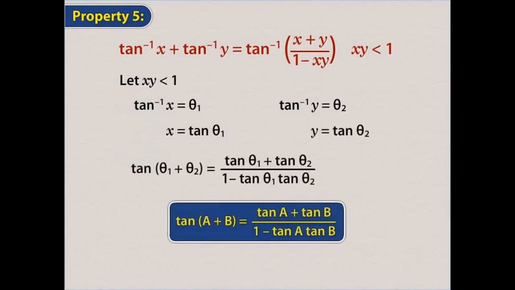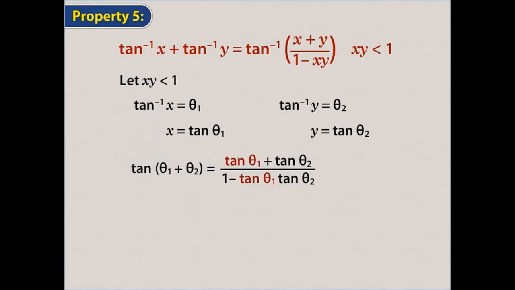Tan of theta 1 plus theta 2 within brackets equals tan theta 1 plus tan theta 2 in the numerator and 1 minus tan theta 1 and tan theta 2 in the denominator. Replacing tan theta 1 by x and tan theta 2 by y, we get tan of theta 1 plus theta 2 within brackets equals x plus y in the numerator and 1 minus xy in the denominator.